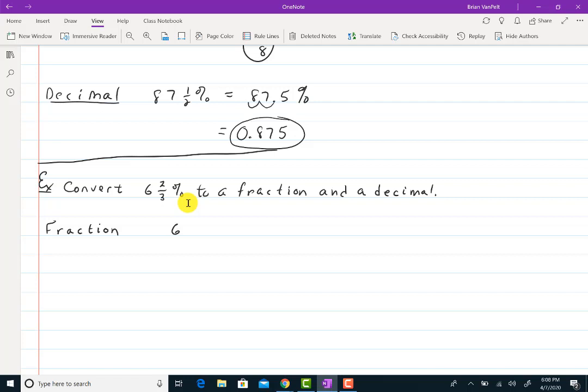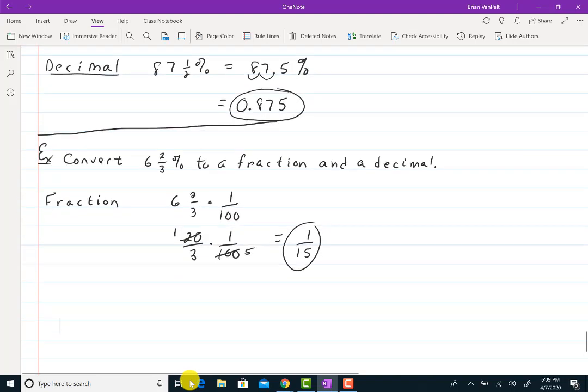And I'll have 6 2/3 times 1/100. The 6 2/3, if I do 6 times 3, that'll be 18, plus 2 more will be 20. So I'll get 20/3 times 1/100. 20 goes into 100 5 times. So this looks like we have 1/15 as my fraction.